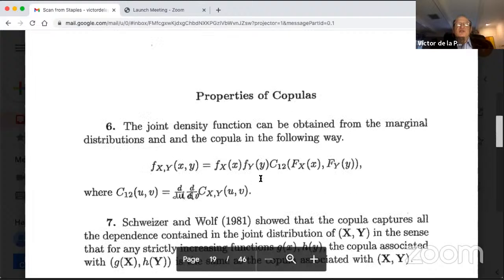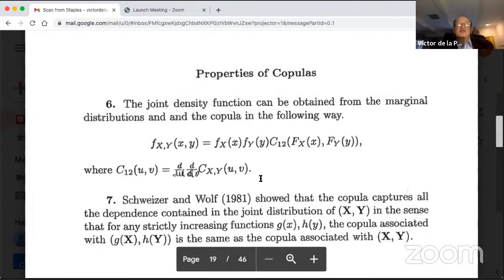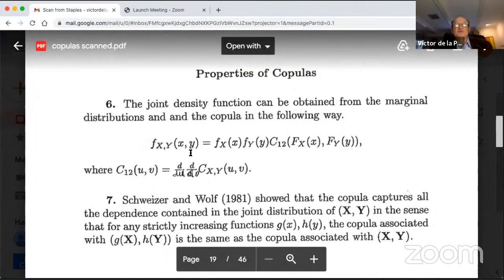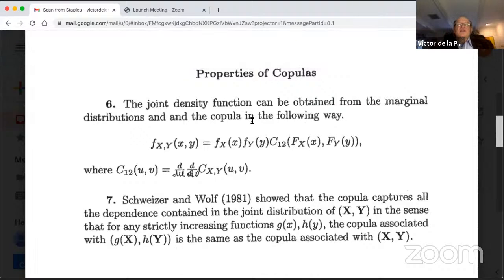Okay, now out of this lecture, the next item, 6, is the most important of this lecture, in that it shows to what extent the copula is a foundational concept in probability.